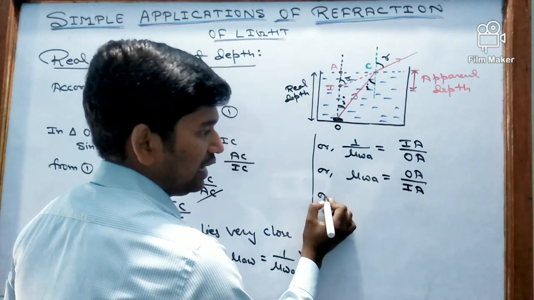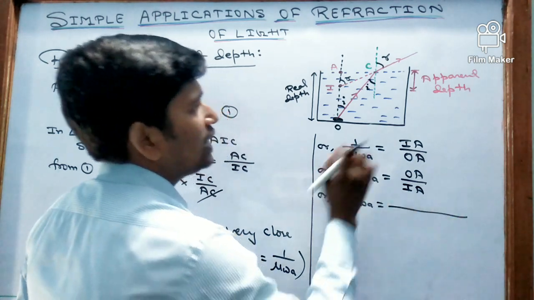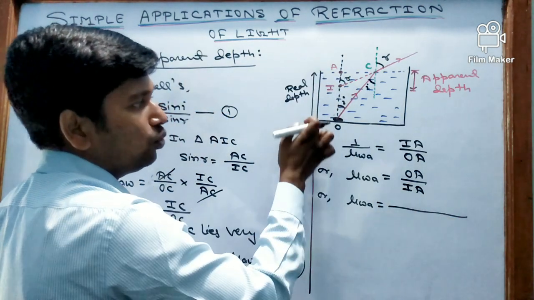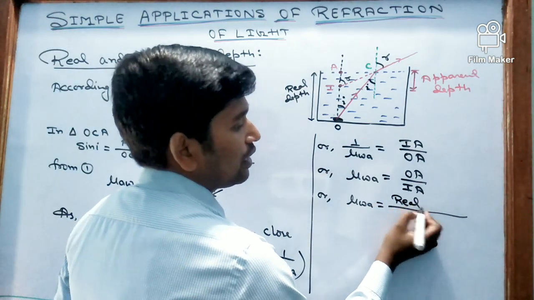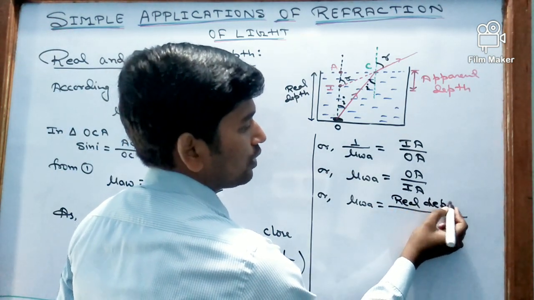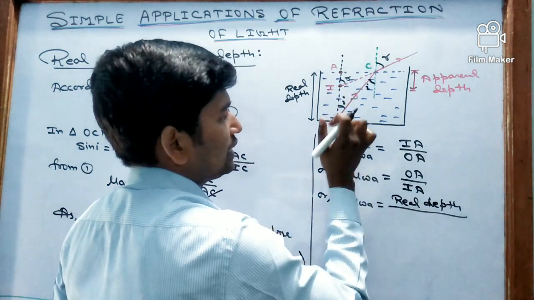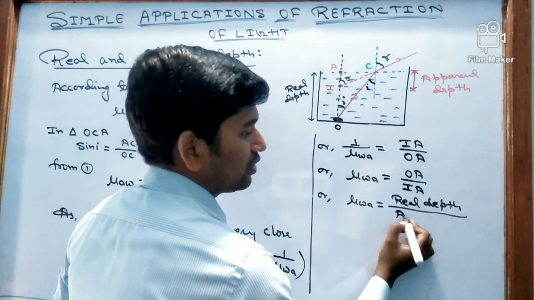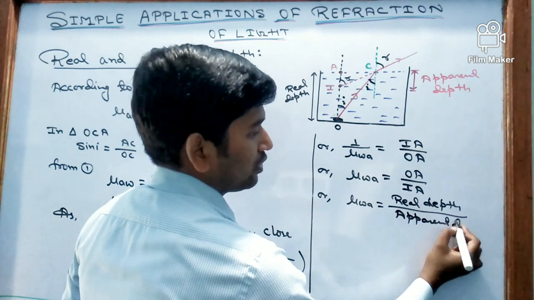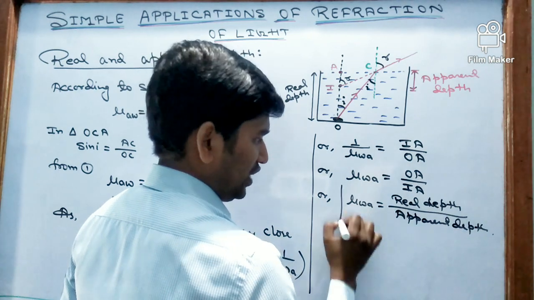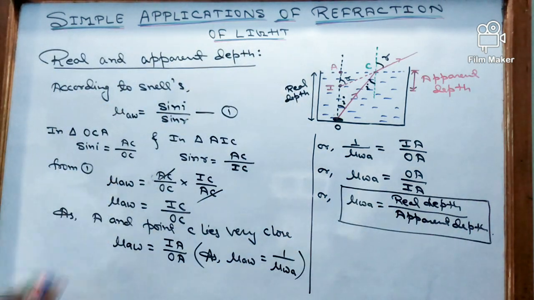That means mu WA is equal to real depth, since AO or OA is the real depth, by IA, that is the apparent depth. So this is the relation between real depth and apparent depth.